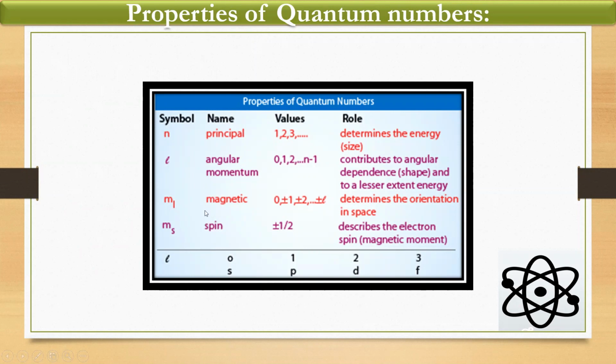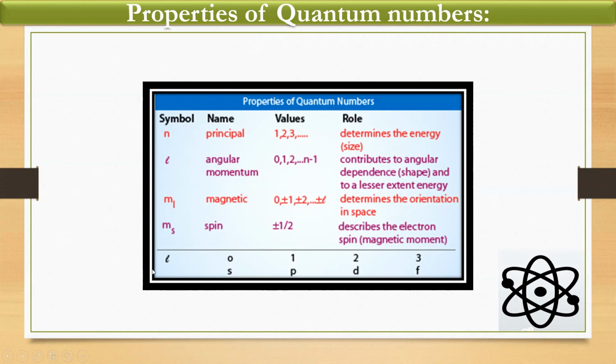The principal quantum number is denoted by small n, which determines the energy and the size of an atom. The angular momentum quantum number determines the shape, the magnetic quantum number determines the orientation in space, and the spin quantum number determines the electron spin.